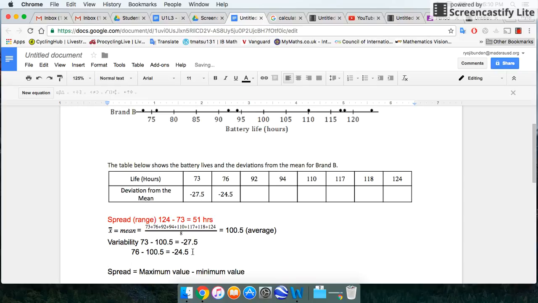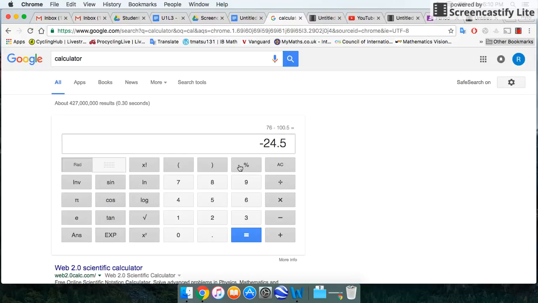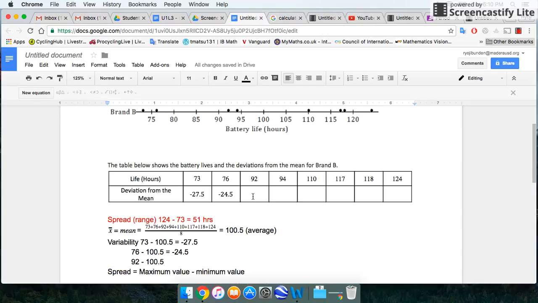The next one is 92 hours minus 100.5, which is negative 8.5. So this third one lasted 8.5 hours less than the average.